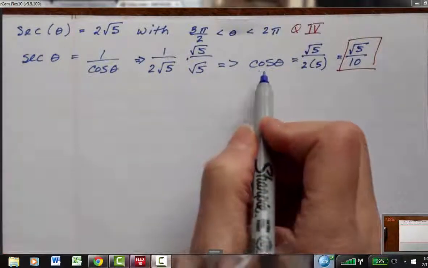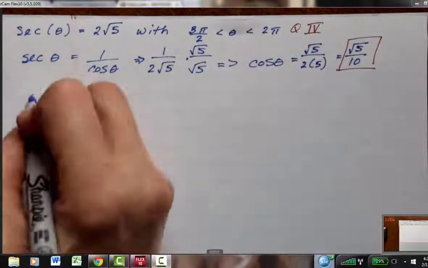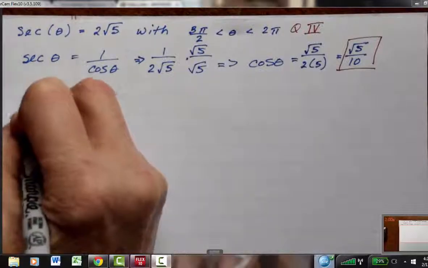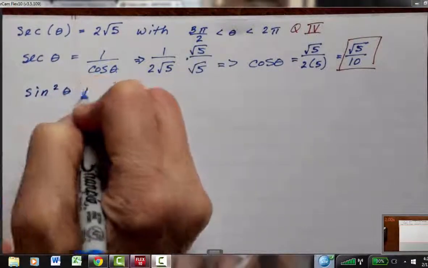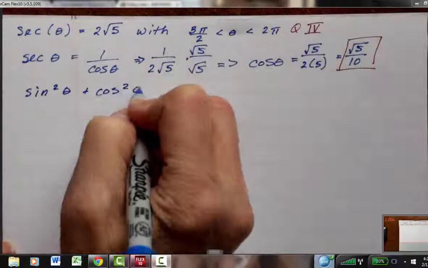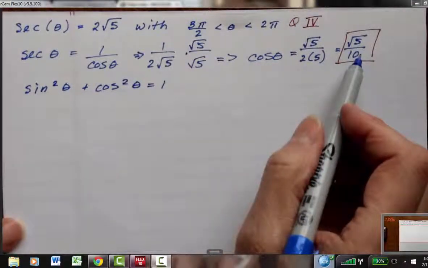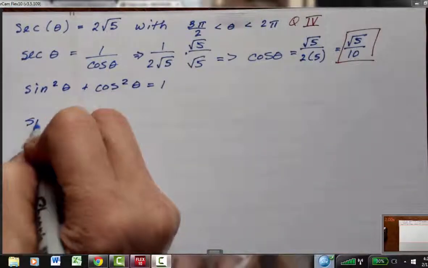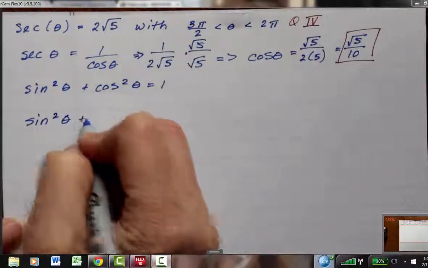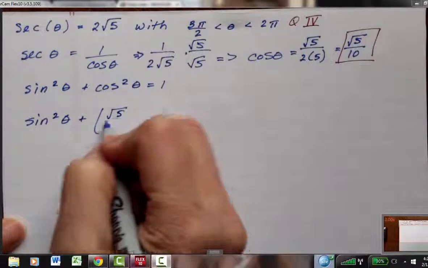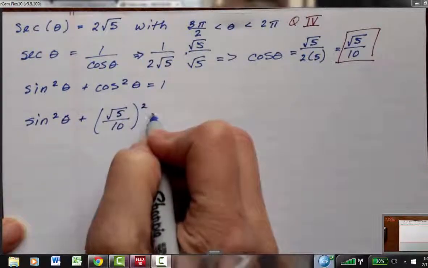Once I know cosine, I can find sine, by using my Pythagorean identity. So remember, sine squared theta plus cosine squared theta equals 1. And cosine theta is equal to the square root of 5 over 10. So we have sine squared theta plus the square root of 5 over 10 squared equals 1.